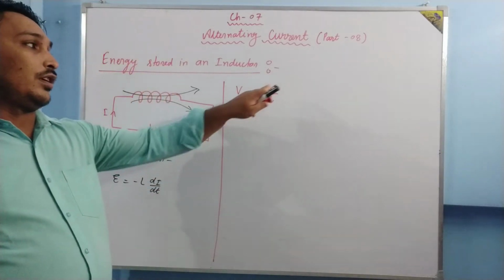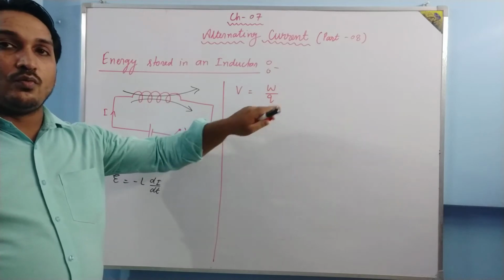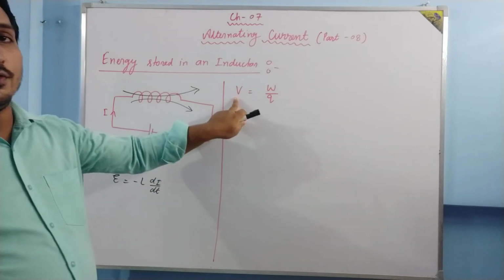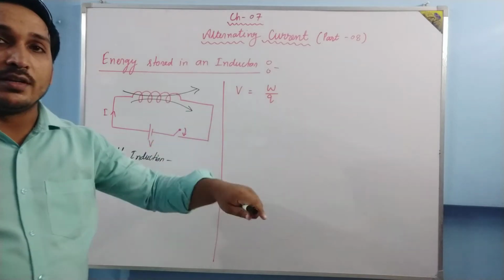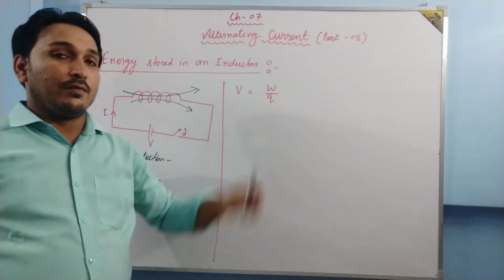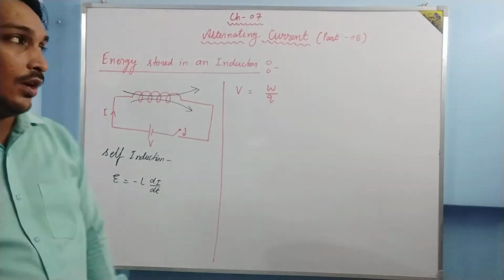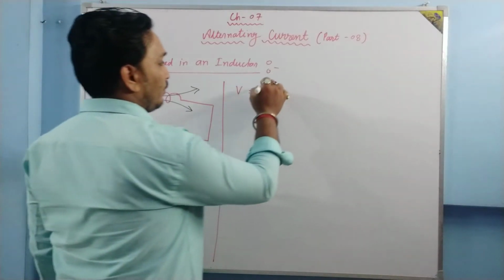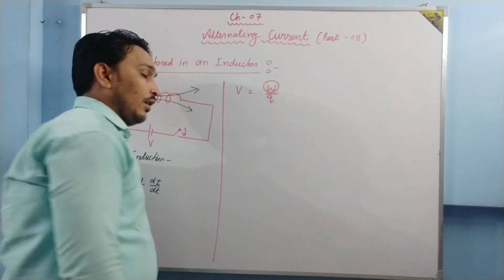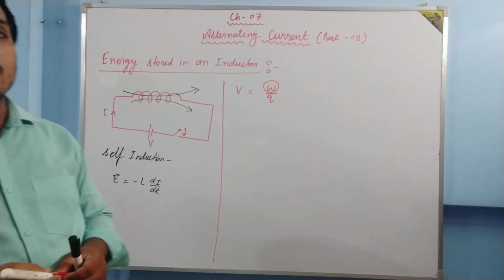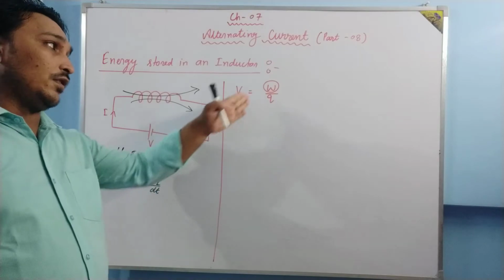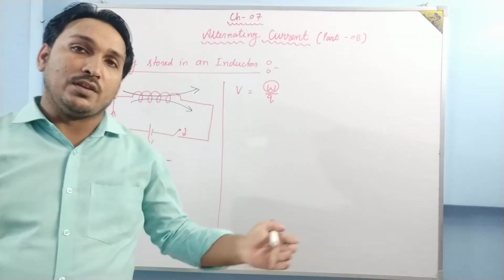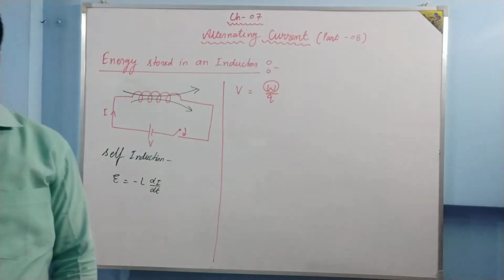Work done to carry a charge Q between two points is called the potential difference between those two points. If this work is done by an external agent on the system, it will increase the energy of the system. If this work is done by the system itself, the energy of the system decreases.